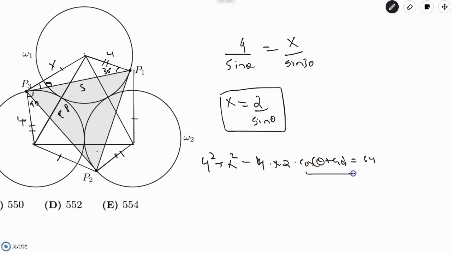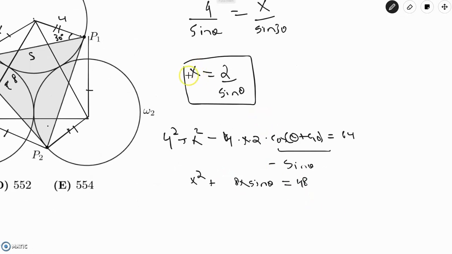And cosine of theta plus 90 is equal to negative sine theta. So this simplifies to x squared plus 8x sine theta is equal to 48, because 64 minus 16. Now we can substitute x equals 2 over sine theta over here, and this term collapses to 16.